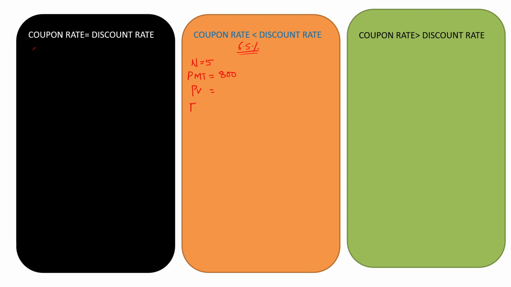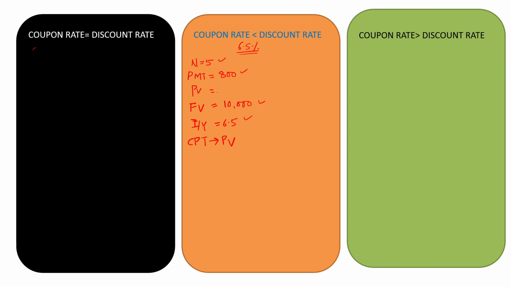Then put FV equal to $10,000, which you ought to receive. The market interest rate, punch in as 6.5, and then CPT PV. These 4 inputs, if we provide them to the calculator, will do the job for us.